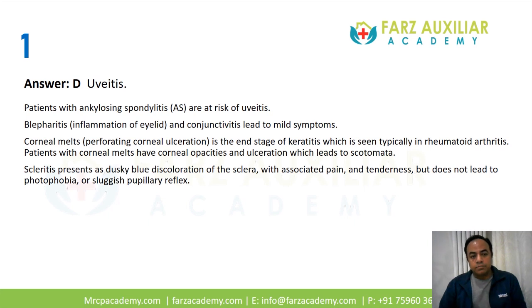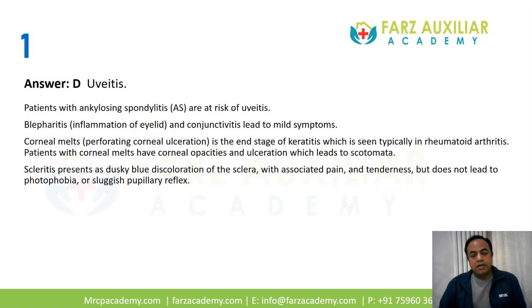Blepharitis is more of an eyelid inflammation, and conjunctivitis symptoms are usually mild and more common with the rheumatoid arthritis type of scenario. Corneal melt again is perforating corneal ulcerations and end-stage keratitis, mainly with rheumatoid arthritis, especially untreated or resistant disease.